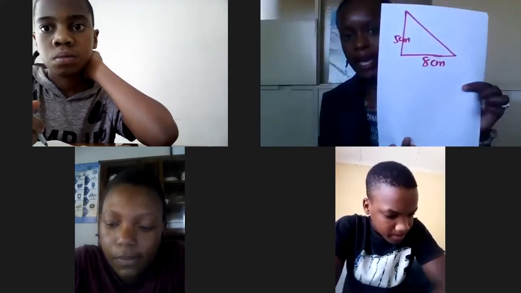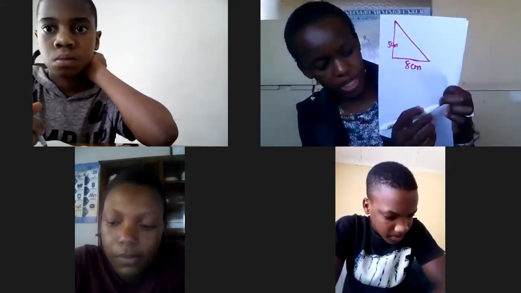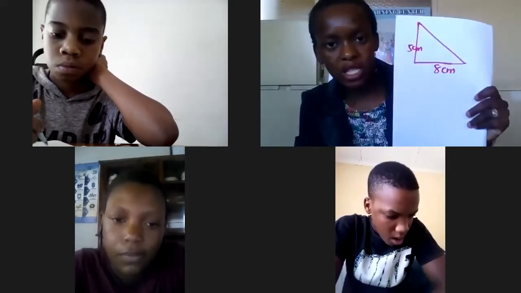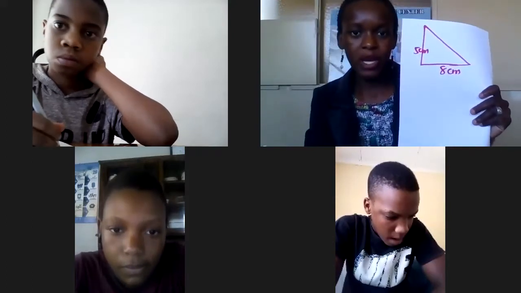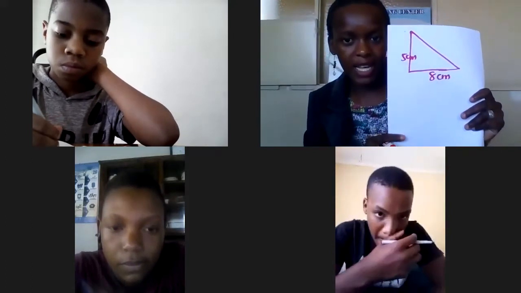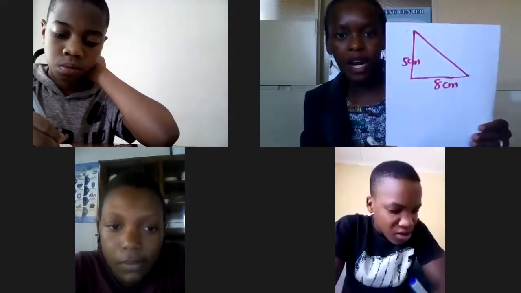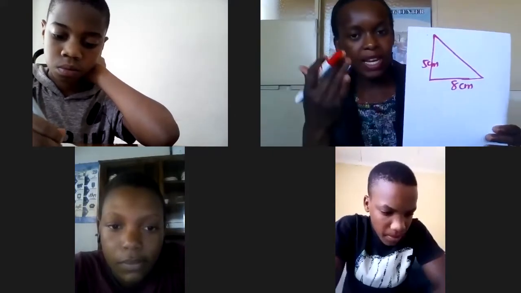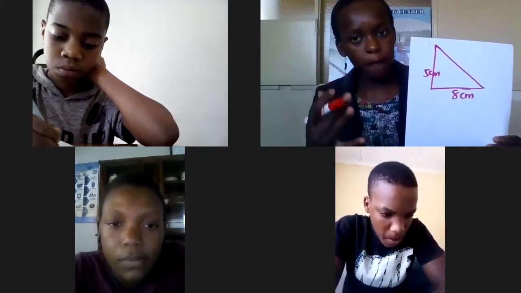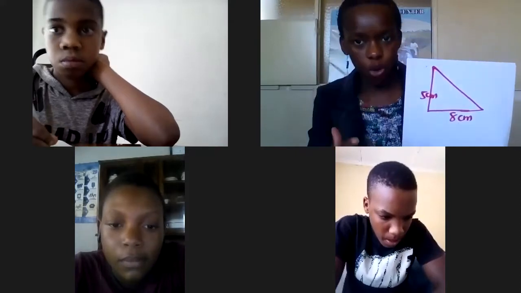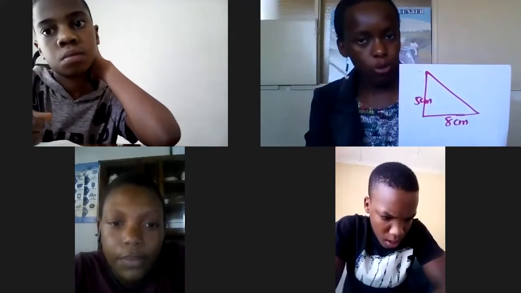This is the example of a triangle. I've already drawn it. In the questions that I'm going to send you on Google Classroom, I didn't draw the triangles, but I said, find the area of a triangle with the base of this much and the height of this much. So if you feel you want to draw, you can draw. If not, you might not draw.